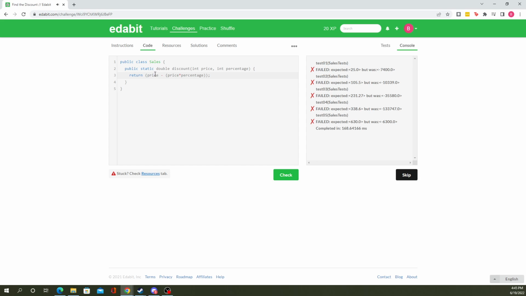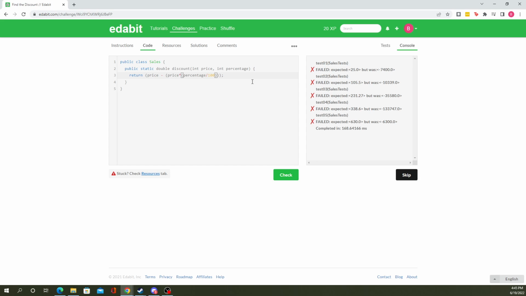I see where I screwed up. Okay, I see the issue. There's a problem I just realized that I didn't address. Percentage in this case is an integer. To convert this integer to a percentage, we can divide it by 100. Let's make sure that's enough parentheses. Oops, that one's supposed to be here.